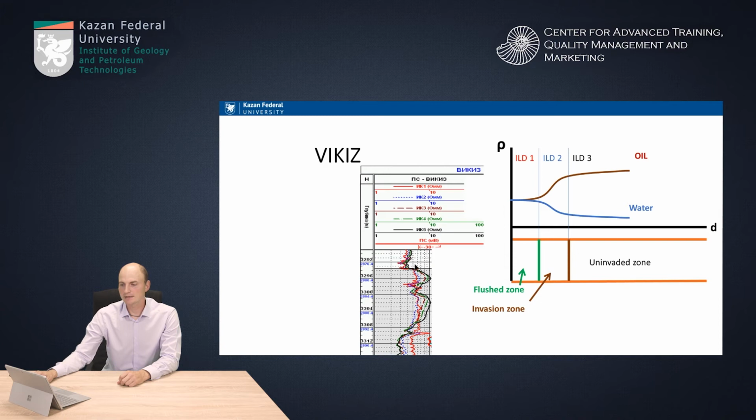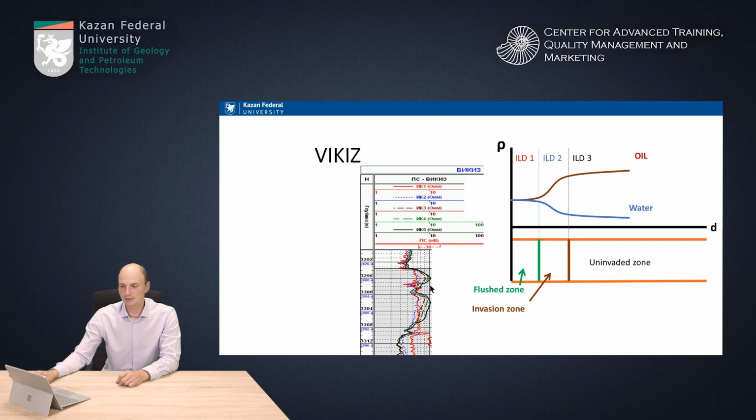We can see that in this case we have all of the resistivity logs showing mostly the same readings. That means that we do not have any invasion zone. And if we don't have any invasion zone, that means we do not have any reservoir rock. So we can find out that on this part we do not have reservoir.